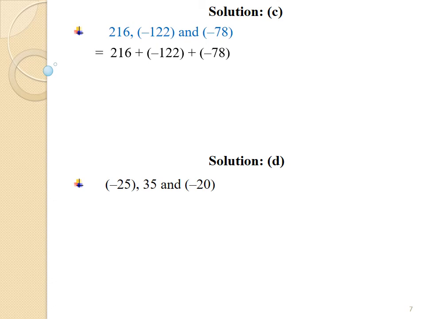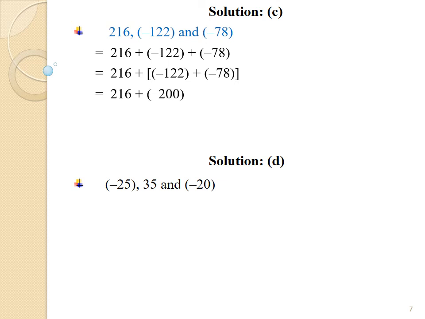Thus, regrouping the integers, we get 216 plus (-122 plus -78). Now, solving the bracket and keeping the ungrouped integer 216 as it is, we get 216 plus -200.